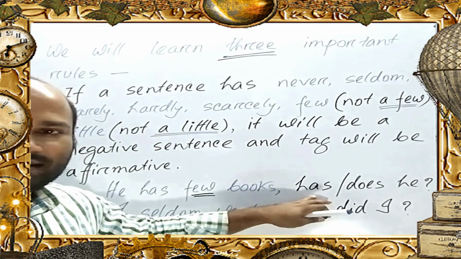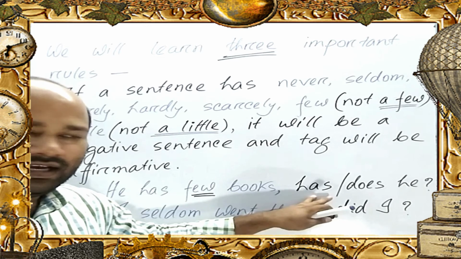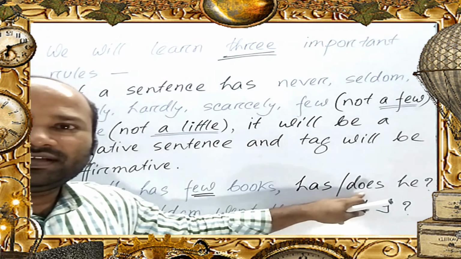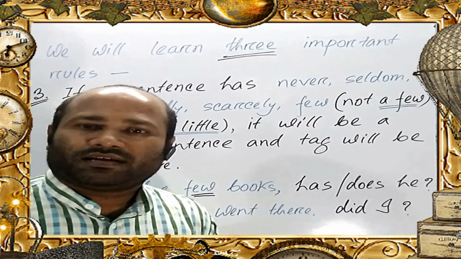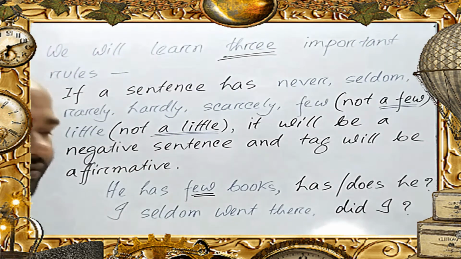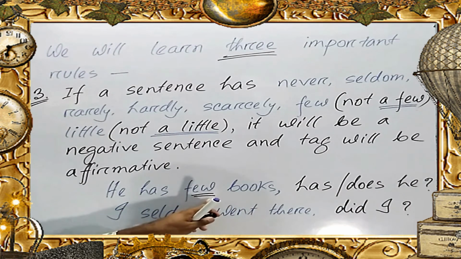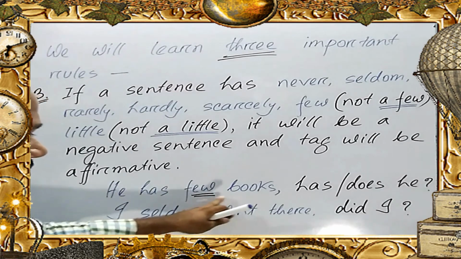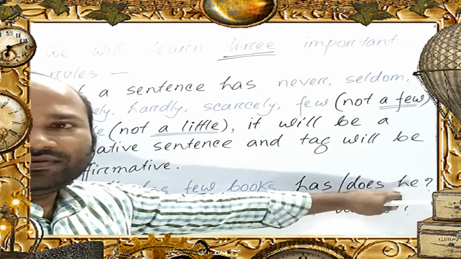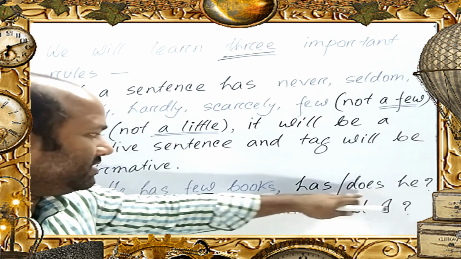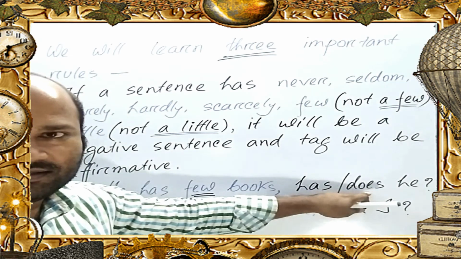If you use has, it will be the British rule, and if you use does, it will be the American rule. So there is no mark cutting. So he has few books, as we learned. Few is a negative word, so there is no n't or negative contraction. Just use has or does.